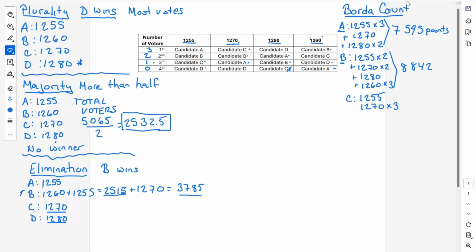And then 1,260 times 2. So let's see what candidate C's total is. 1,255 plus 1,270 times 3 plus 1,260 times 2 would give us 7,585. And then let's look at candidate D as well.